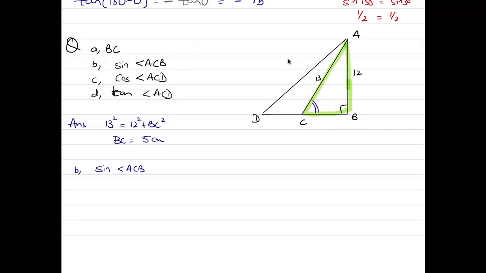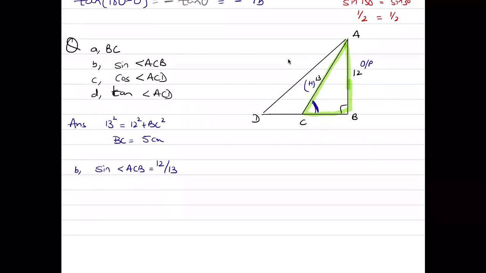Understand the question: you need to find the ratio of sine of angle ACB. ACB is the acute angle inside the right angle triangle. With respect to this angle, we need to find the value of sine theta. Sine theta is a ratio of what? Opposite over hypotenuse. With respect to this angle, this is the opposite, the perpendicular side, and that's your hypotenuse. So the ratio is 12 upon 13. Are you clear till here? Yes. Sure?